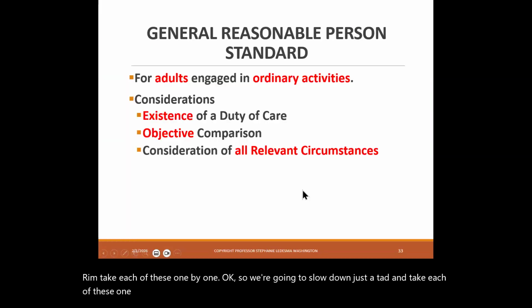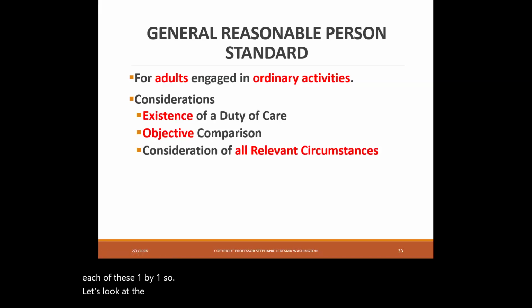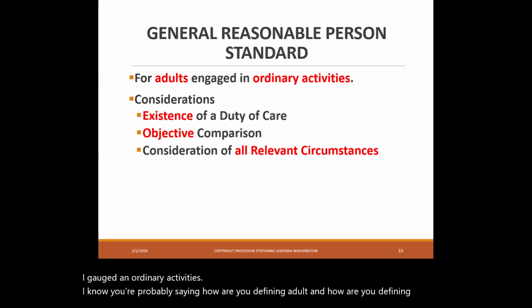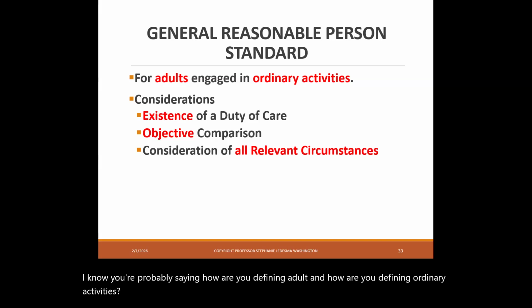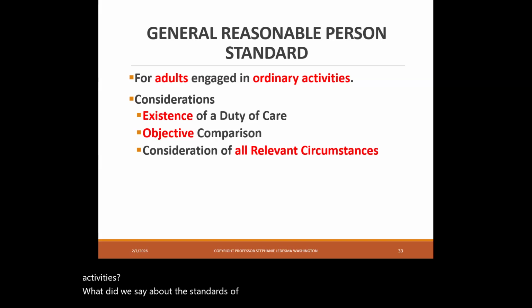So let's look at the general reasonable person standard. That's where we'll begin. This is for adults engaged in ordinary activities. I know you're probably saying, well, how are you defining adult and how are you defining ordinary activities? What did we say about the standards of care? We said they are contextual.